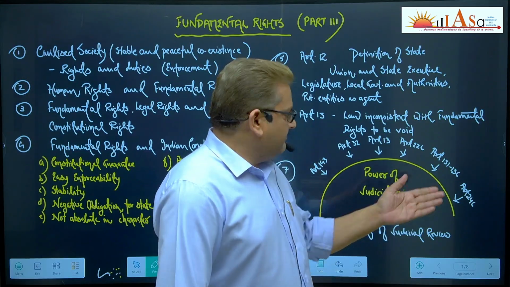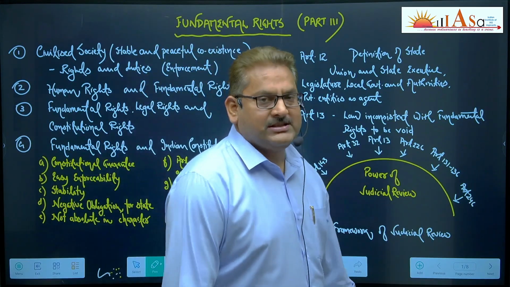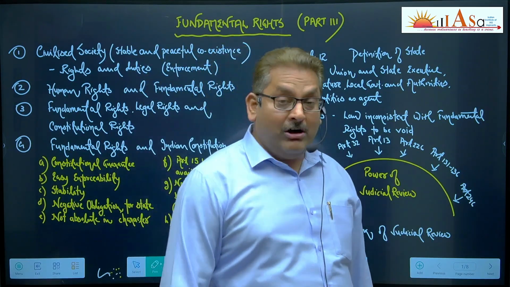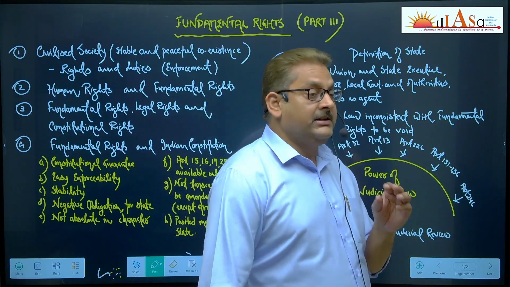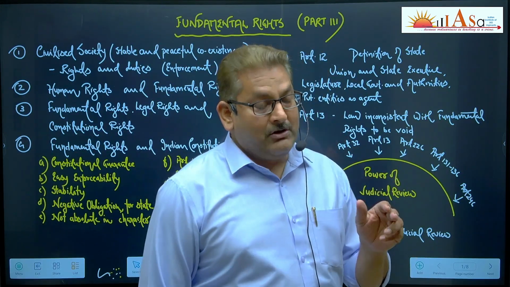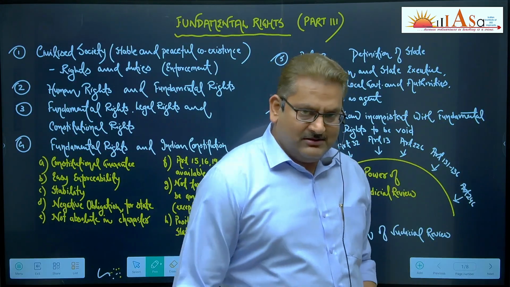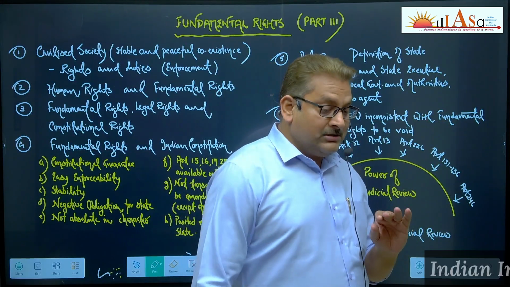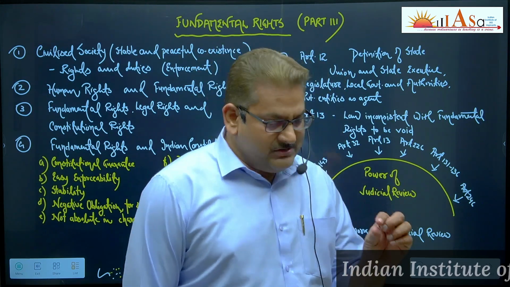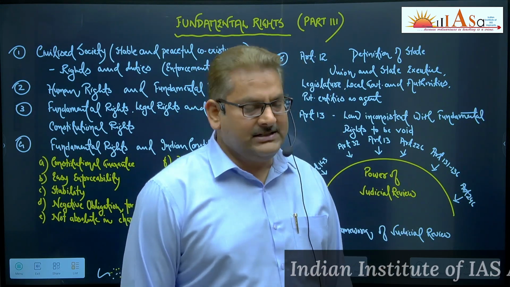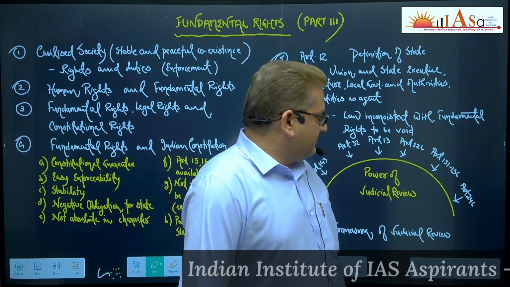It derives from different articles of the Constitution, which empower the judiciary to examine any law, policy, direction or instruction of the government, rules, regulations, bylaws, as well as administrative action of the state, to examine whether it is consistent with fundamental rights. To the extent it is found violative of fundamental rights, it can be declared null and void. Up to this point is clear.